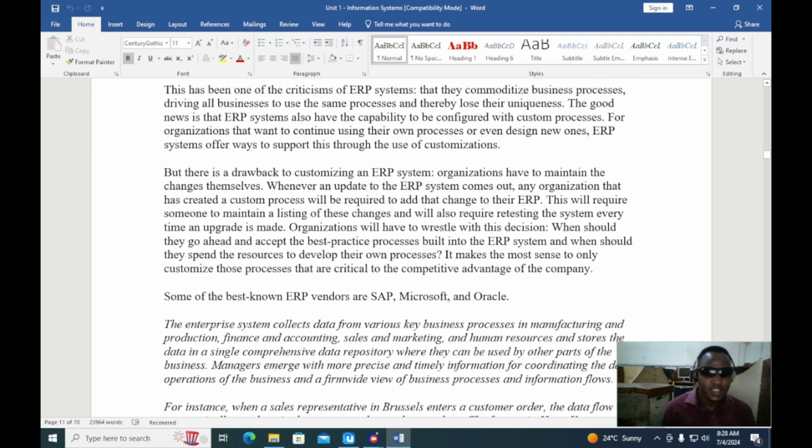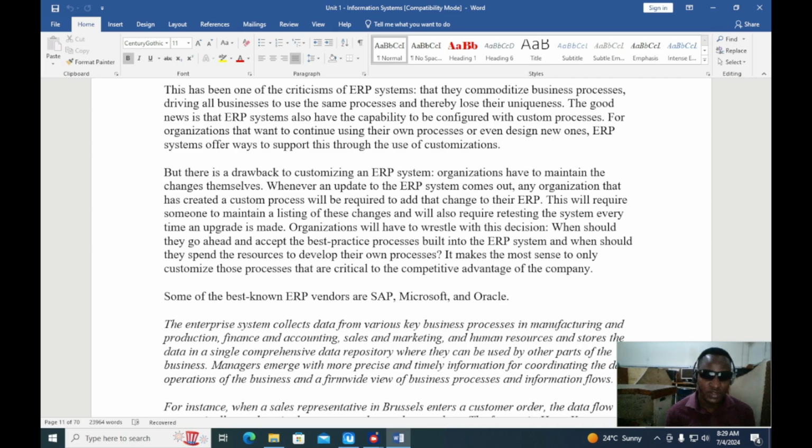So the ERP systems have been under criticism in terms of accommodating business processes, or maybe driving all the business processes, and making all the business processes for all the organizations look the same, and that makes them lose their uniqueness.